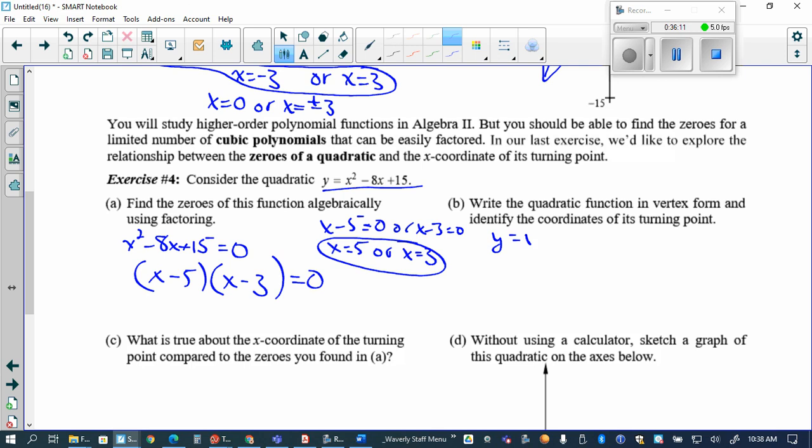It equals x squared minus 8x plus something, plus 15 out there. We're going to complete the square though. What do we add and then immediately subtract? B over 2 squared.